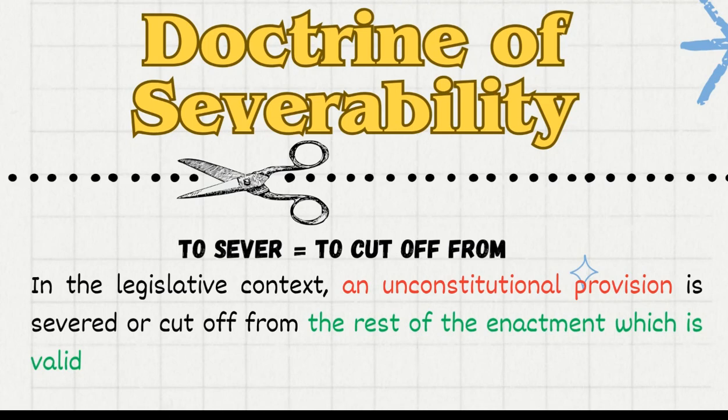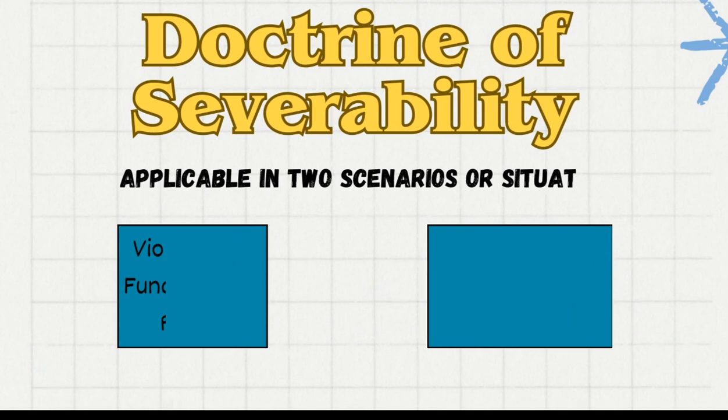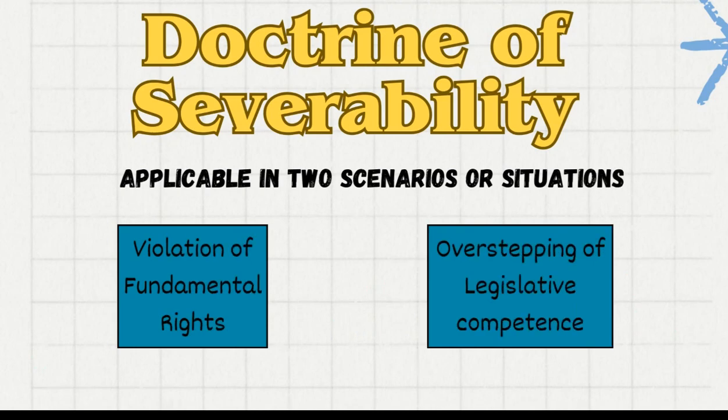In ordinary language, to sever means to cut off from. However, in the legislative context, an unconstitutional provision is severed or cut off from the rest of the statute, which remains valid. The doctrine of severability can become applicable in two scenarios.